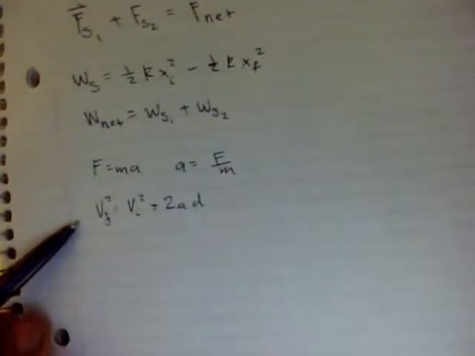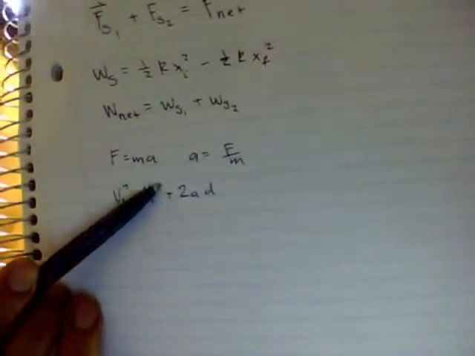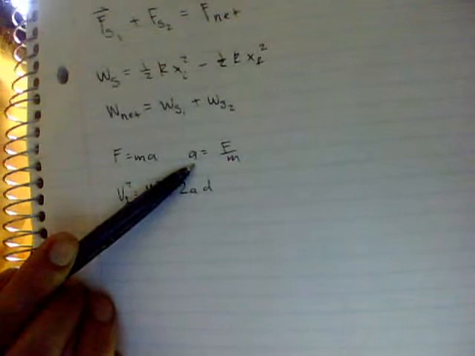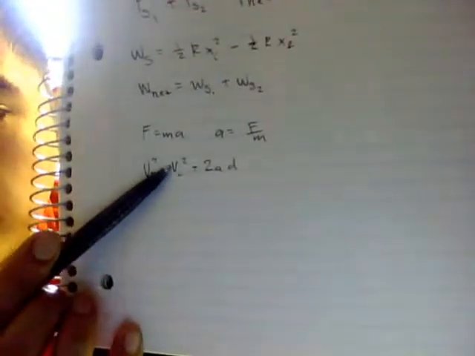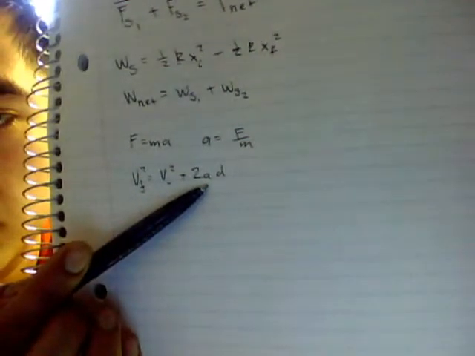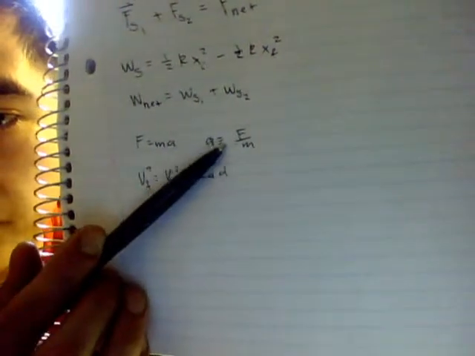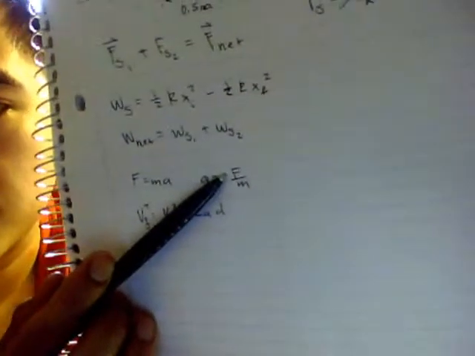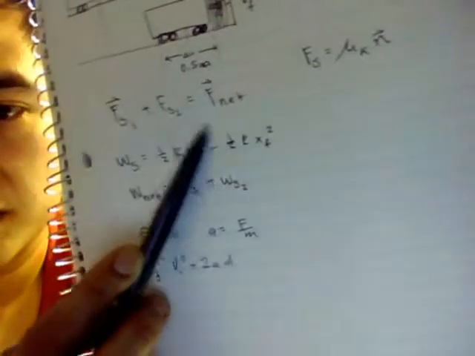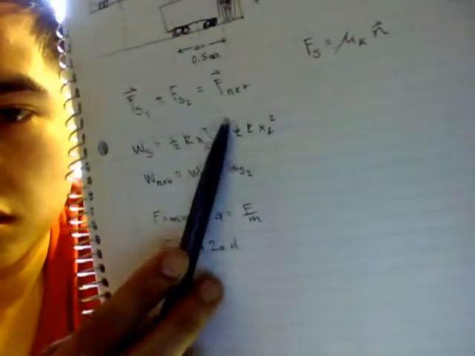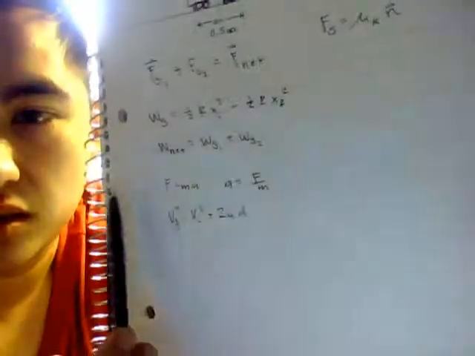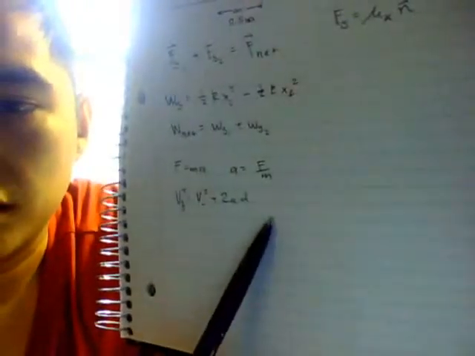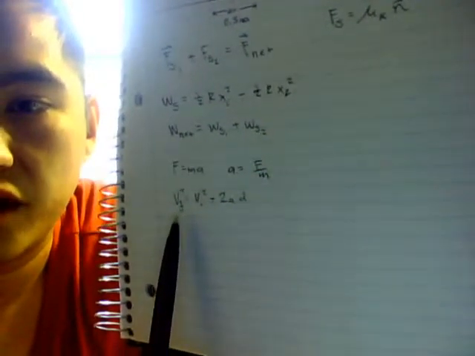So here's our kinematic equation, and we're going to substitute a here for this a in our kinematic equation. And we already know our force, which is the net force of both springs, right here, this equation. Okay, and then you could just solve for your final velocity right now.